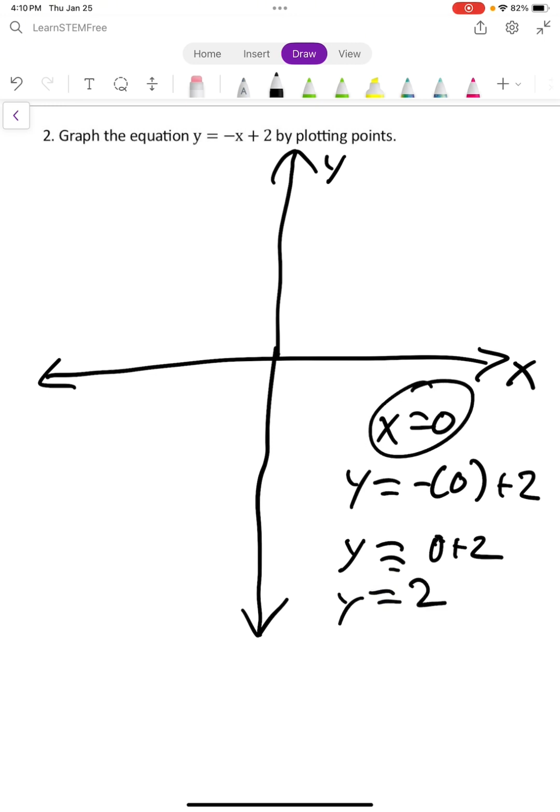So x is going to be 0, y is going to be 2. The point is going to be (0, 2). So we need to draw the y values for that. It's 1 and 2. Remember, in the middle, it's the origin, that's (0, 0). So x is at the origin, and then y is at 2. So it's going to be right here.